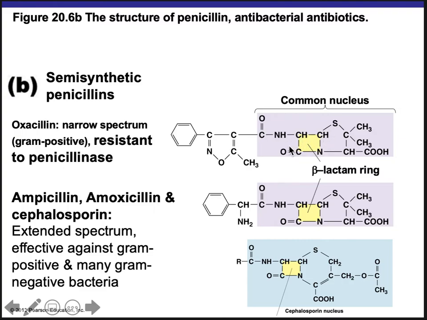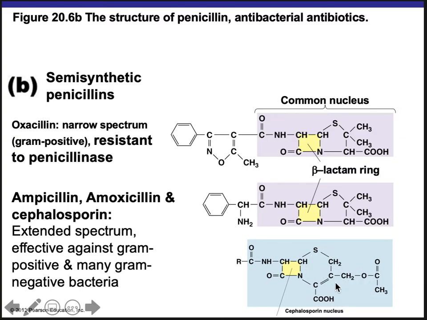And so you can see that all of the different versions of the beta-lactam drugs all have what we call a common nucleus, where you have this beta-lactam ring here, and then you have another ring right next to it. And so this whole region here is consistent through the different drugs. And then on cephalosporin, we see it's even more modified, where you pretty much only have the left half of the common nucleus. The ring to the right has been expanded, it's larger, and there are more side groups on it.